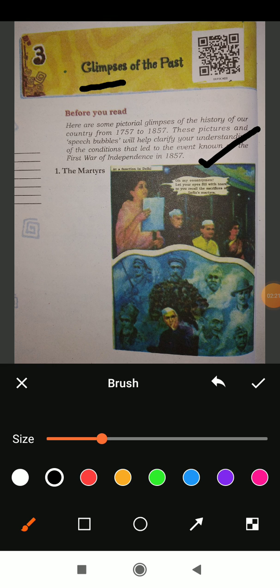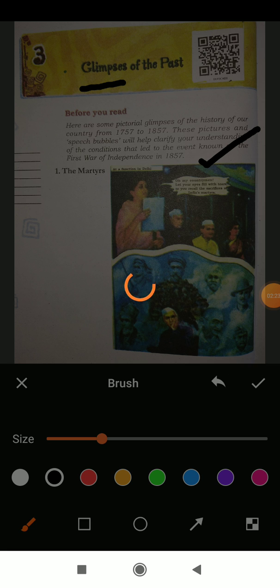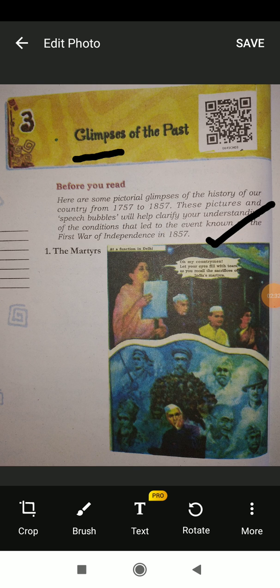So here we read the paragraph before you read. So what is there in this paragraph? Just read it out here. Yes, this paragraph tells us about very different events which occurred in our past, and it is explaining this event with the help of the pictures in your books.